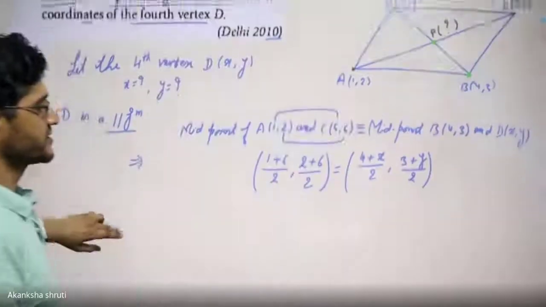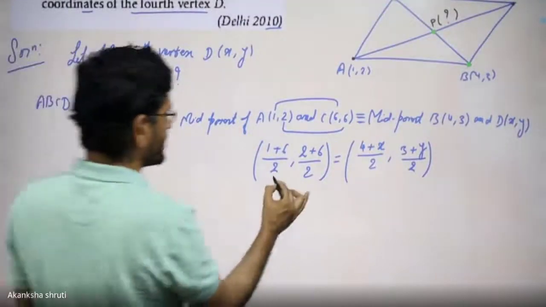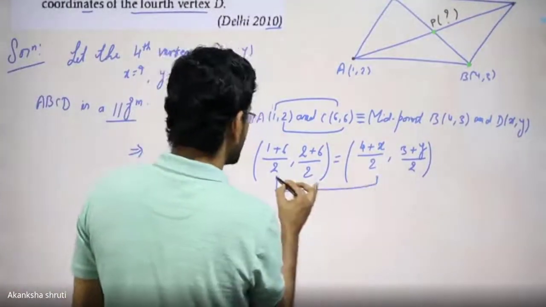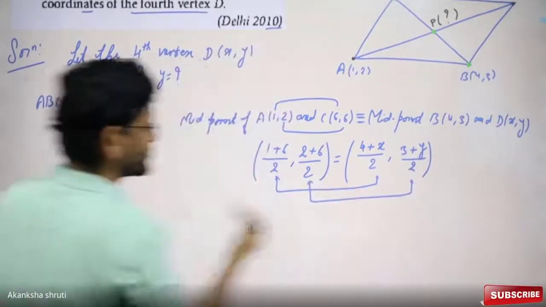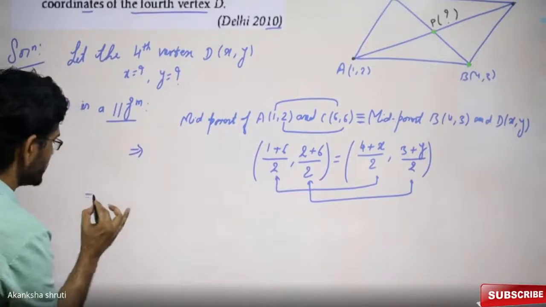Students, we just have to equate. Since this is an ordered pair, their x can be equated, and another time their y can be equated. So from this, we are getting two equations.